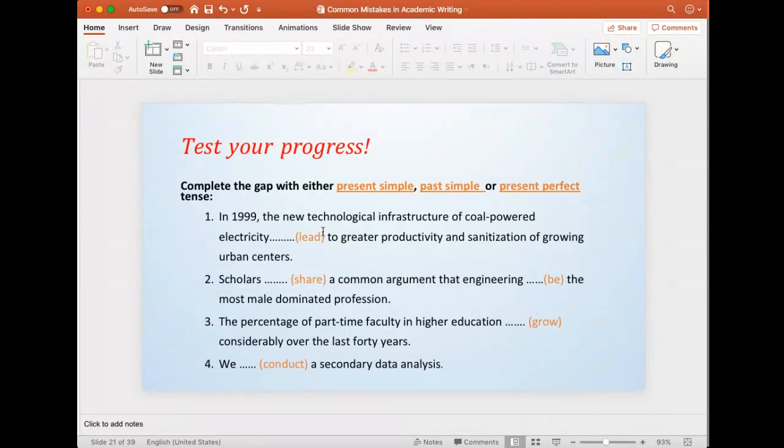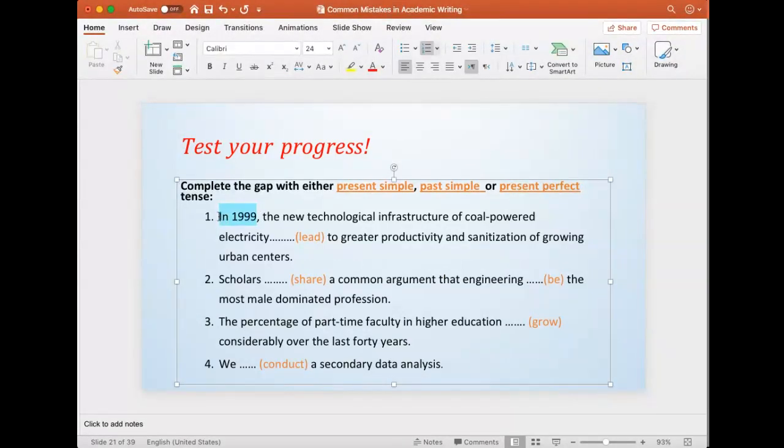So what do you think about number 1? In 1999, the new technological infrastructure of coal-powered electricity, and we have the verb led to greater productivity and sanitization of growing urban centers. So leads, share, is, grown, conduct. Leads.